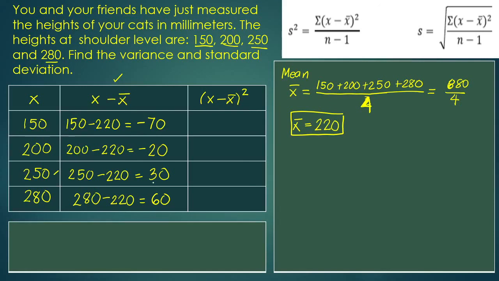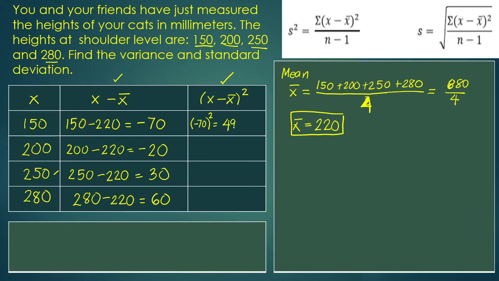Now, let's go to the third column. The third column is simply whatever is the result in your second column, squared. So what is negative 70 squared? 70 times 70, how much is that?